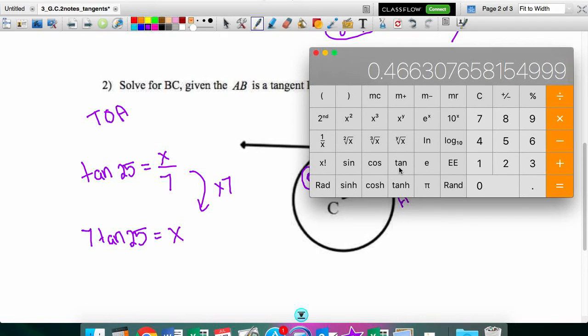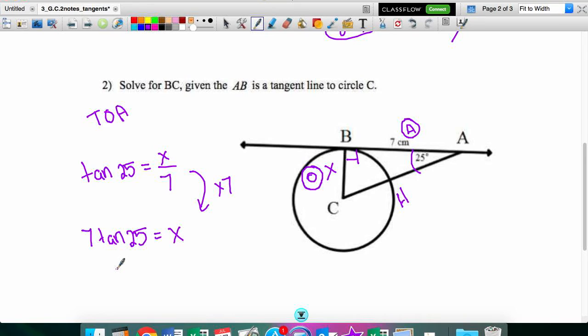We need tangent of that, and then we multiply that by 7. That would be 3.26. That would be x, the side that we're looking for. Okay, awesome.